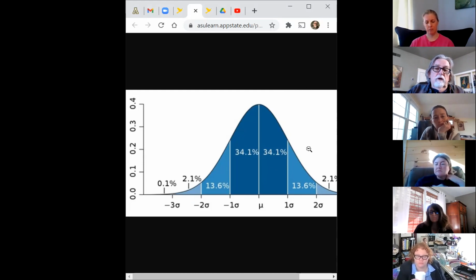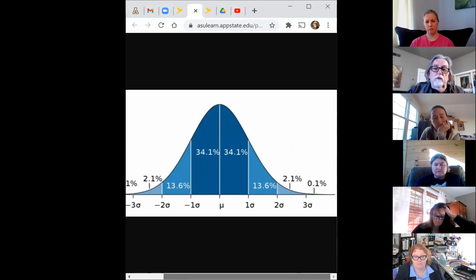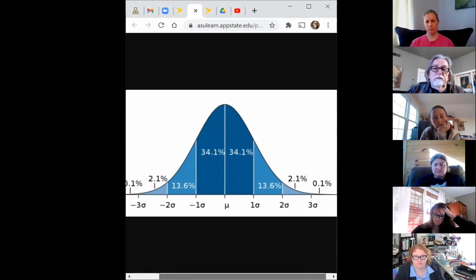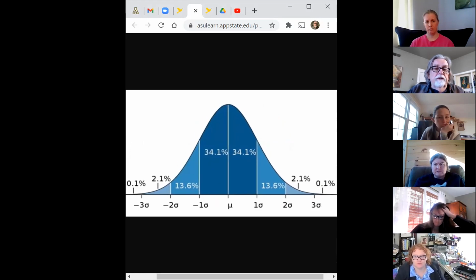So there are lots of neat little geometric proofs that you can do for the standard normal curve too. But it's a really interesting artifact. And when you put that with the notion of central limit theorem, you realize how big a part the normal distribution plays in our understanding of the world around us.